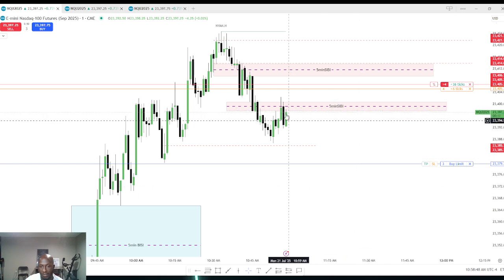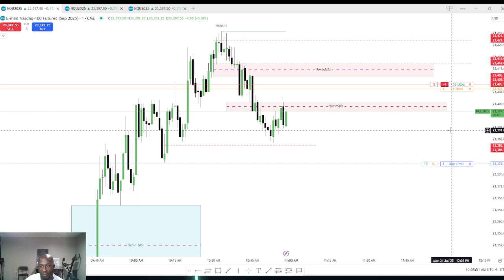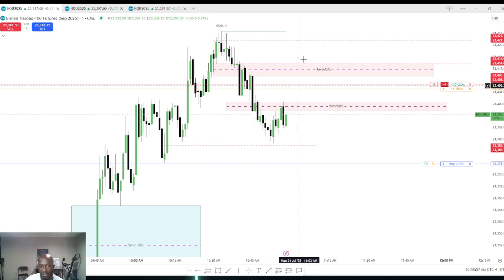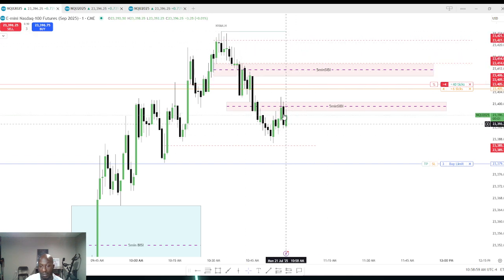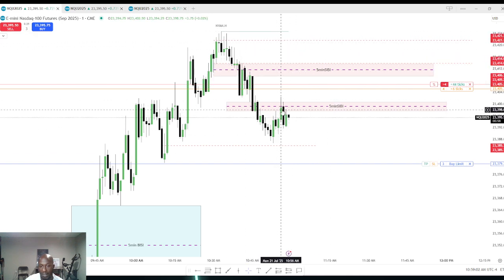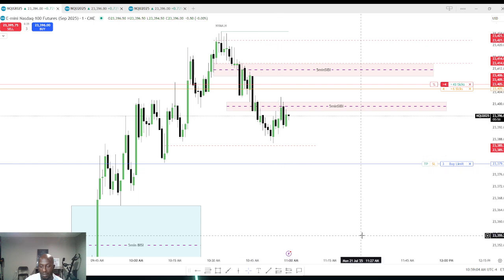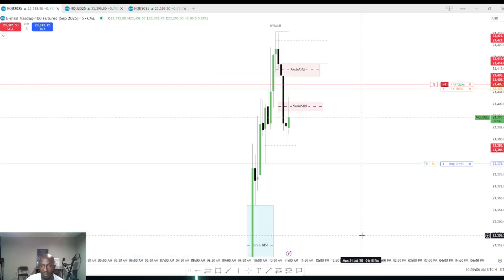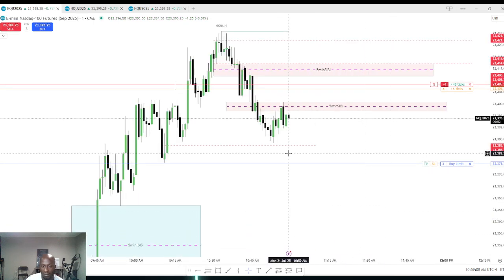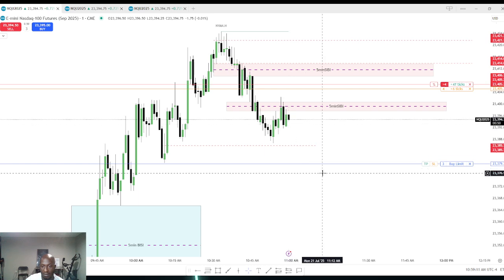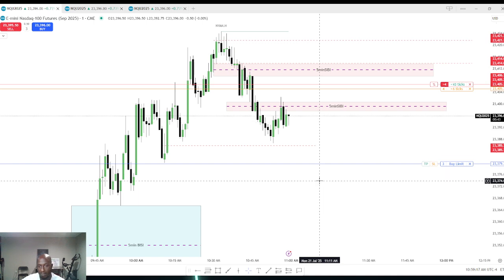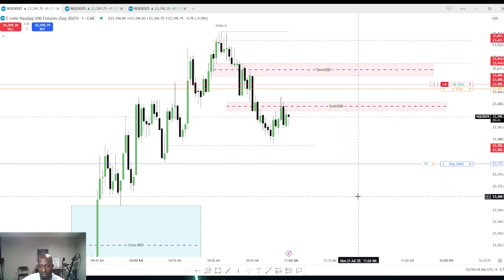So we don't want to see it close over it. I want to see it stay in the bottom half. If we close over it, then I'm not on the right side, and I need to be looking up here. Like I said, I want to see it stay bottom half, work down into these inefficiencies, but again, see, and we're wicking.